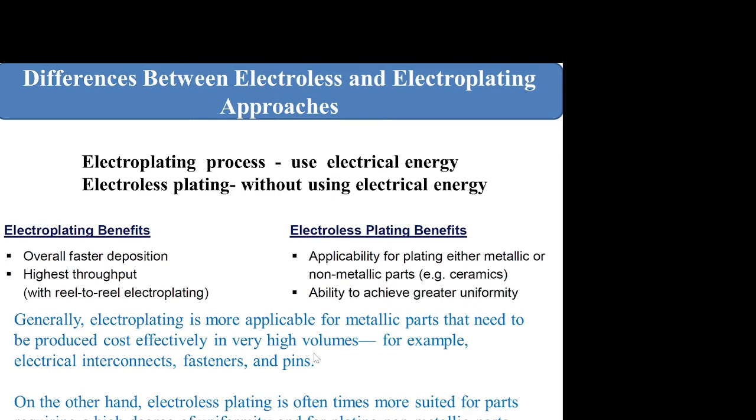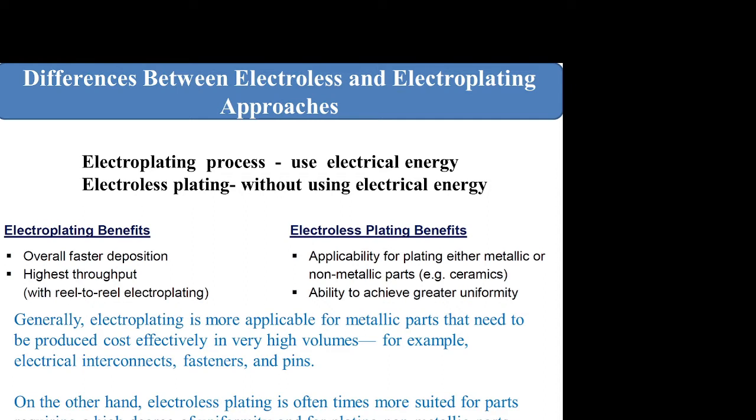In such cases, we go for electroplating. Electroless plating, on the other hand, is suited for parts requiring high uniformity and plating of non-metallic parts such as ceramics, etc.